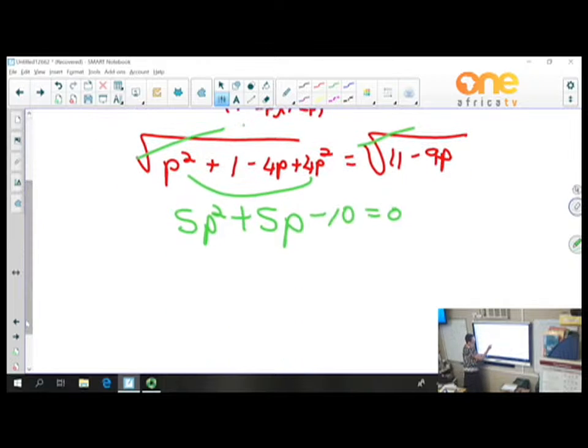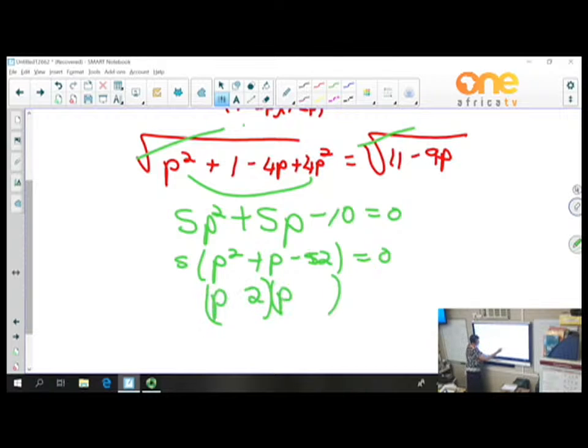Okay, and then I can divide it by 5, so it is then p squared plus p minus 2, which is equal to 0. Then we can factorize here p, 2, and 1. Signs differ, the biggest combination is positive, and that one is negative. So it means p is equal to negative 2, or p is equal to 1.